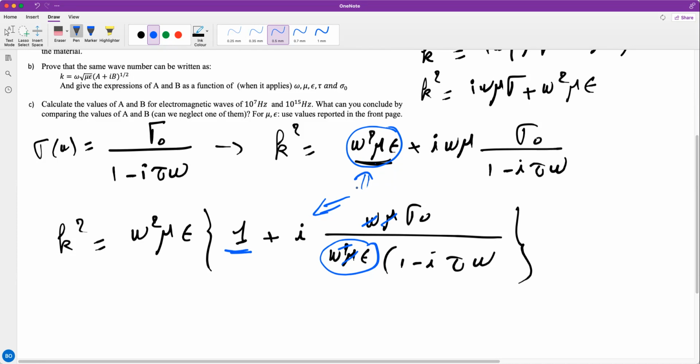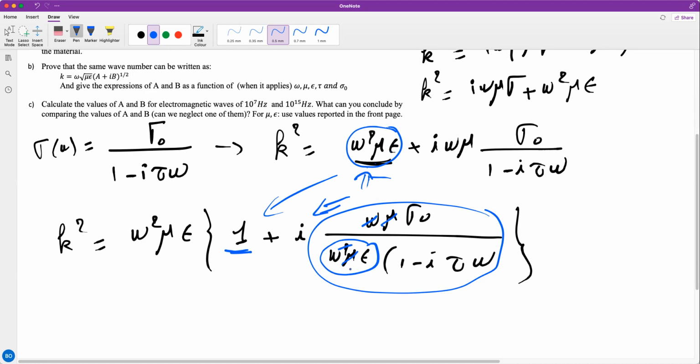So I have omega squared mu epsilon plus this. I put omega squared mu epsilon in common. From here, it will give me 1, right? Do you agree? Yes. And from here, because I put it in common, I need to divide by the same quantity.